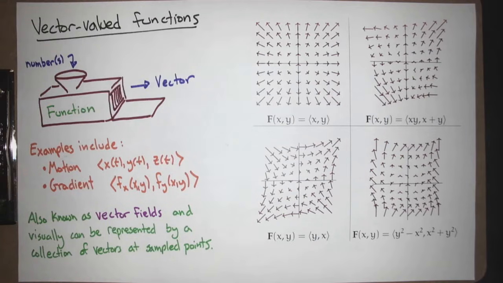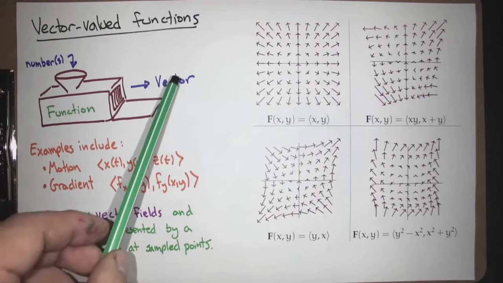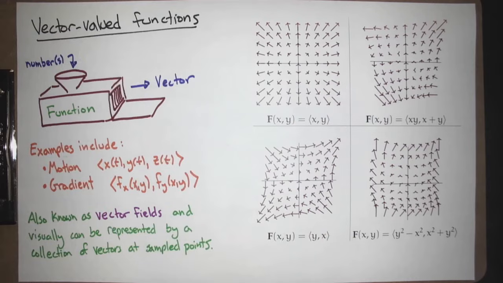But what is a vector-valued function? We understand what functions are. They're like machines, and they're rules. You plug in a number or possibly several numbers, and something happens, and out comes a vector. We have seen these already, so they're not completely new.